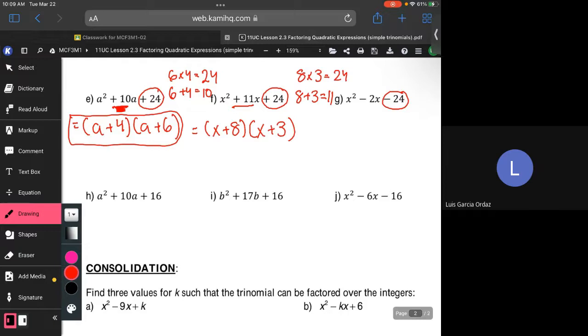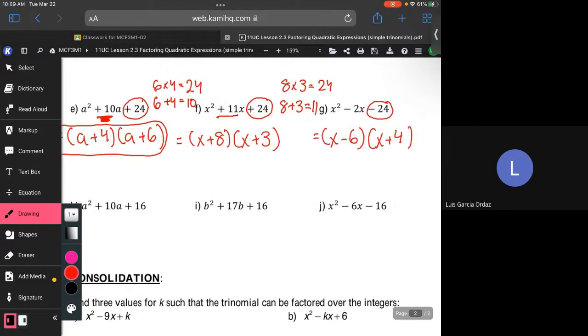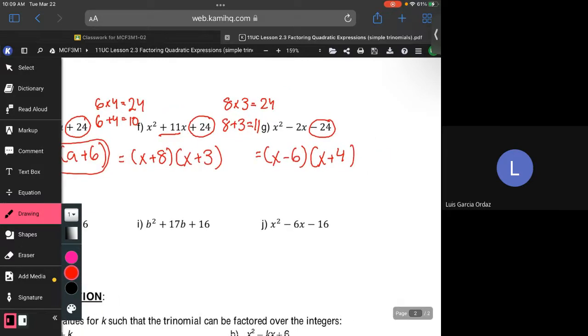Does anyone want to take a stab at that last one? Ashton. X minus 6 and plus 4. Was everyone able to get those? No. Okay. So negative 6 times positive 4, what does that give me?